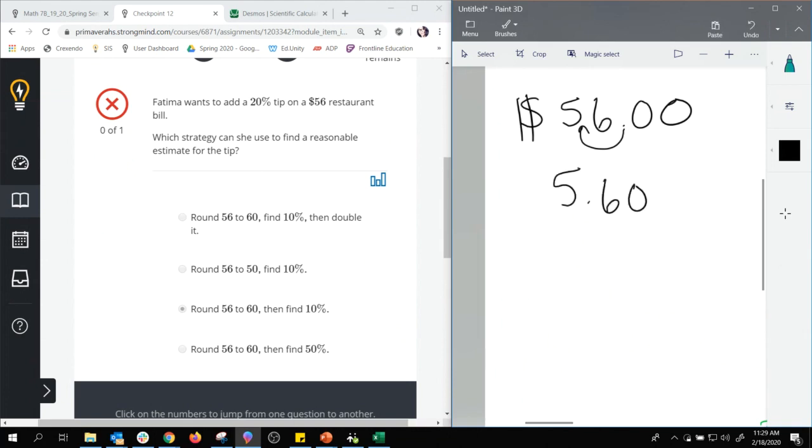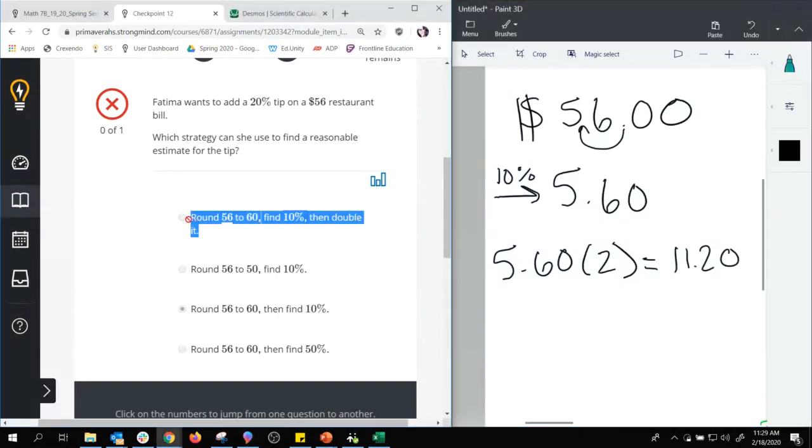10% of $56 is $5.60, right? Now, 10% is half of 20, because if I take 10 and multiply it by 2, I get 20. So I'd take this 5.60 and double it, multiplying by 2, which gives me 11.20.